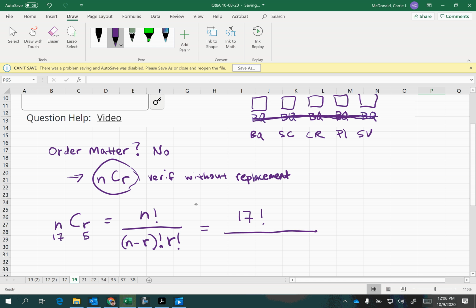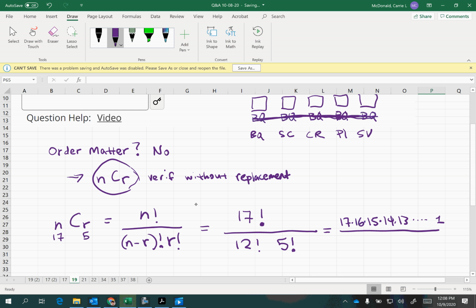Well, 17 minus 5 is 12, and then r is 5. Okay, now what does the factorial mean? This little exclamation point is shorthand for saying expand this and multiply all the way down to 1, right? All the way down to 1.